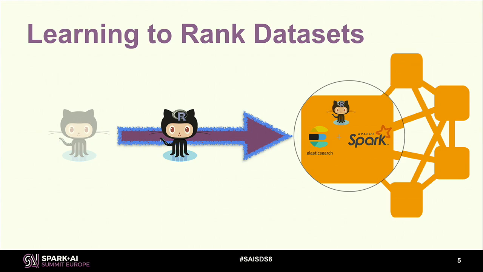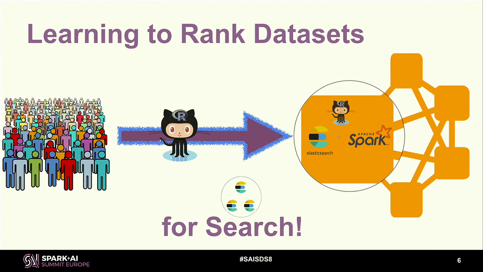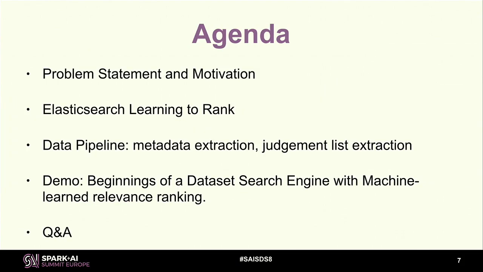So the whole idea here is learning to rank data sets for search, where we have a population of users who are very diverse, come from different teams, and therefore their search criteria are going to be very different, right? That's the broad idea of what we're going to be discussing today.